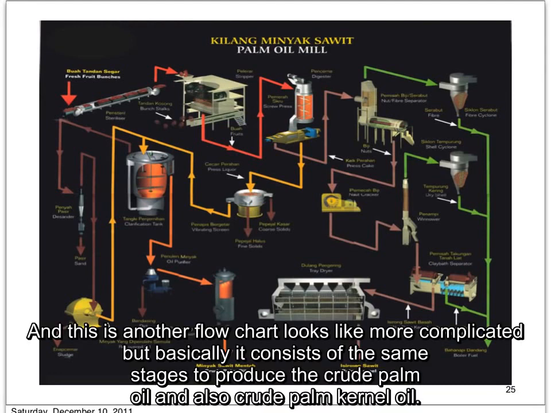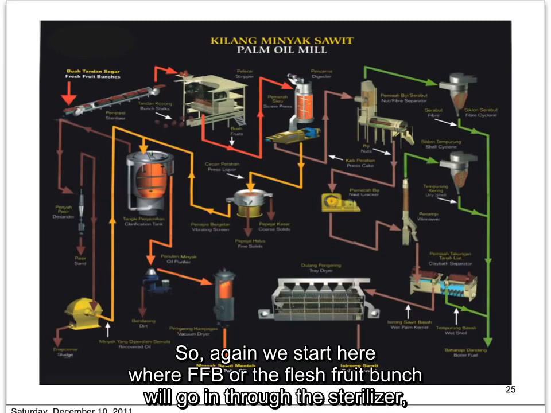And this is yet another flow chart. It looks more complicated, but basically it consists of the same stages to produce the crude palm oil and also crude palm kernel oil. So again we start here.